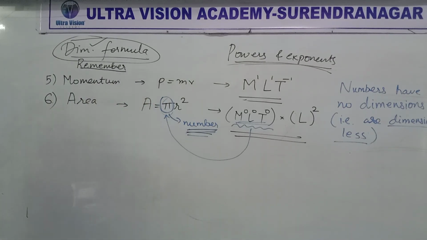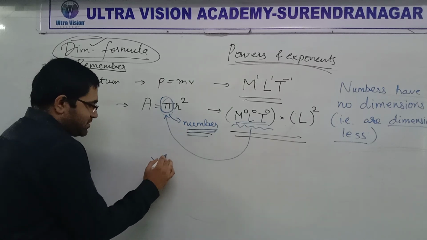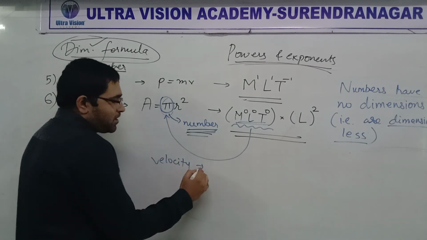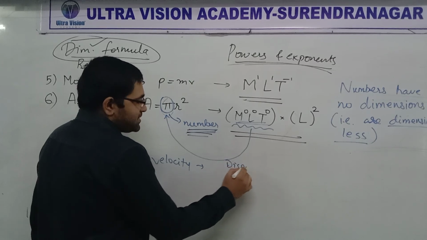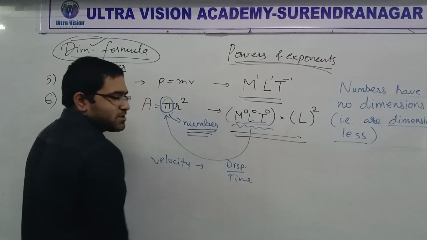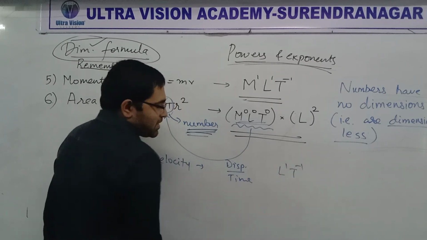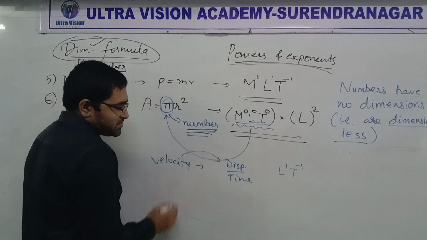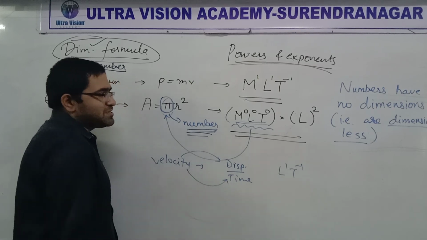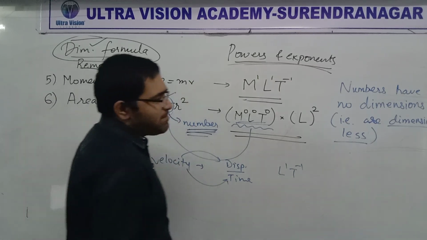See, velocity. For example, velocity is in the form of displacement or distance by time. So here I can say velocity's dimensions are like this, because velocity depends on displacement and on time. Just like that, what does pi depend on?